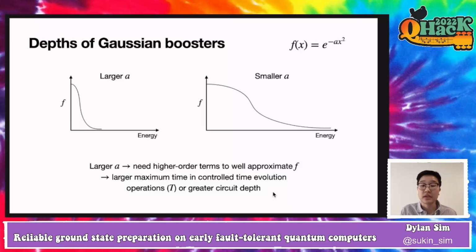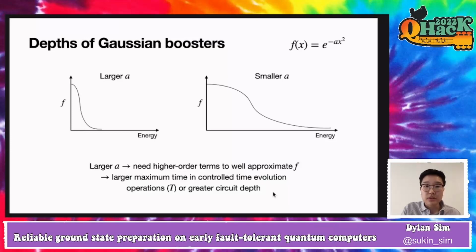This implies a need for higher order terms to well approximate this booster function f, which implies that you need a larger maximum time in the controlled time evolution operations used in the LCU circuit. We use the letter T to represent this maximum time, and this directly corresponds to a greater circuit depth.